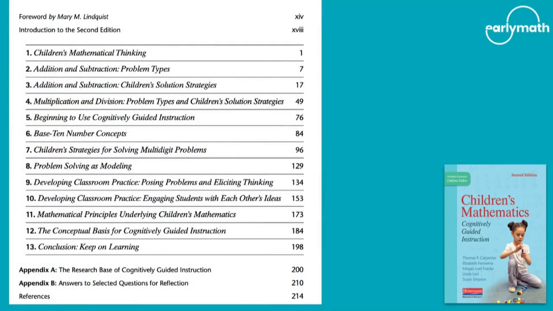So I wanted you to see, if I can get my slide up, the table of contents for the Children's Mathematics book. So you have this in front of you, right, if you want to open up your own book. But I wanted you to see that we've actually talked about content from a lot of these chapters already. So you could say, I did the reading for you. How about that? If you look at chapters 2, 3, and 4, those are all the problem types and solution strategies for addition and subtraction and multiplication and division.